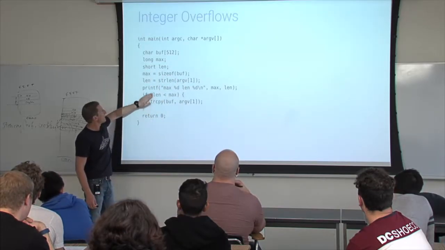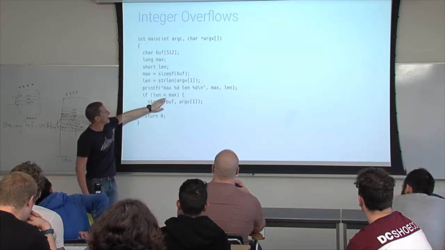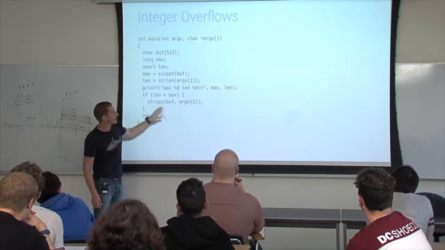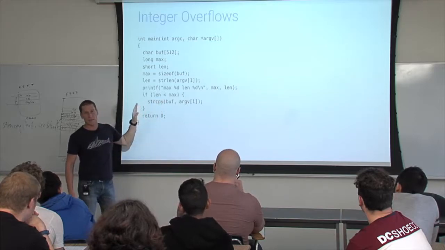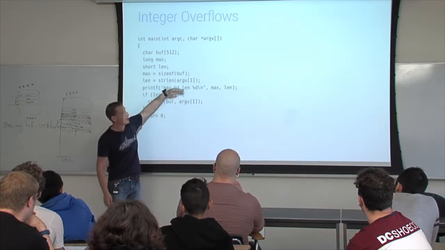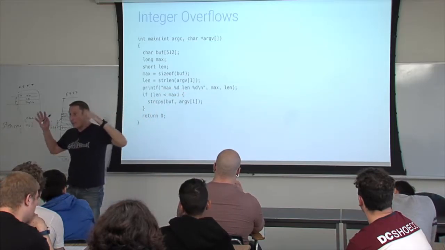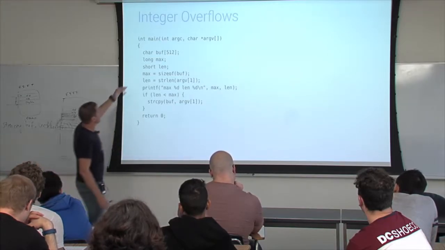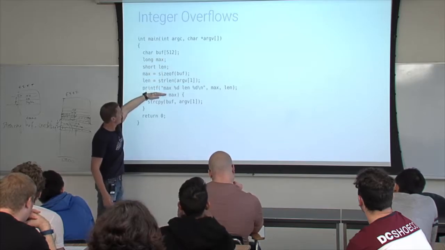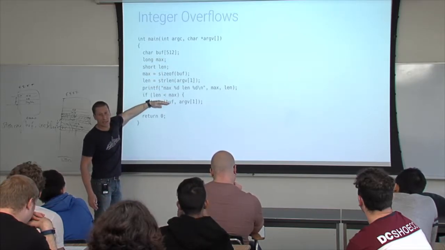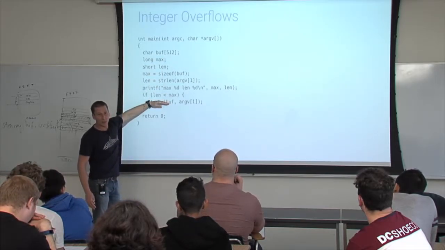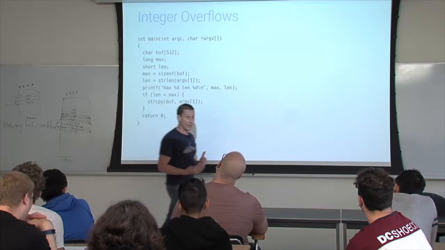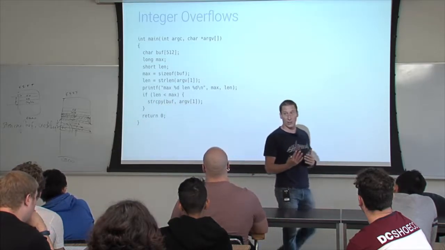So here, if len is less than max, then copy because it's safe. So you say I received a parameter of length, okay? I check that it is less than 512, and only in that case I will be able to copy the thing. Seems safe, right? So where is the trick here?